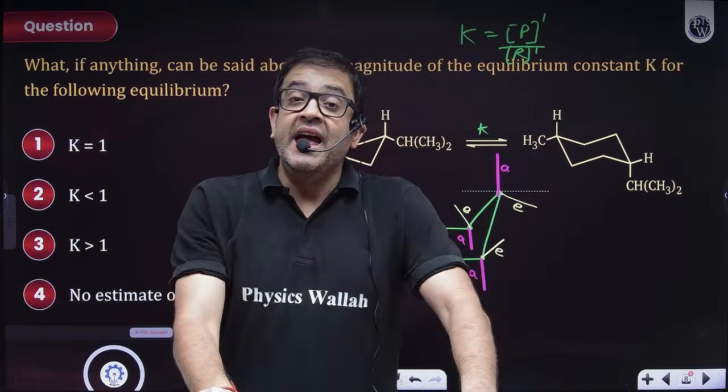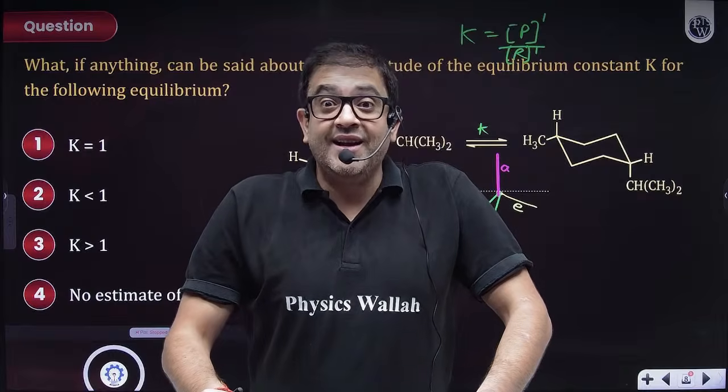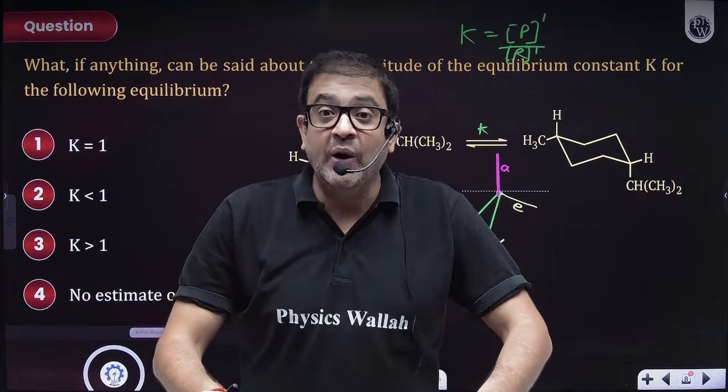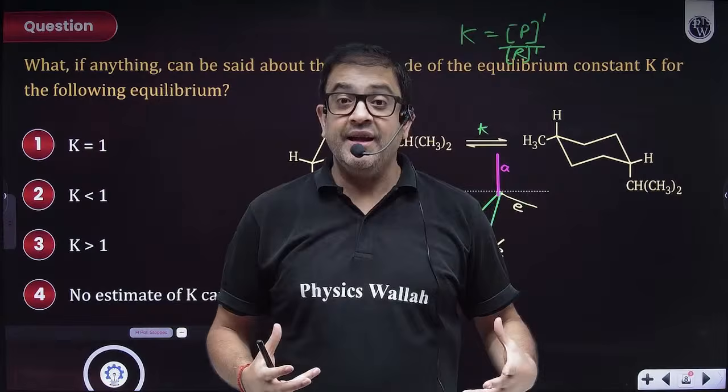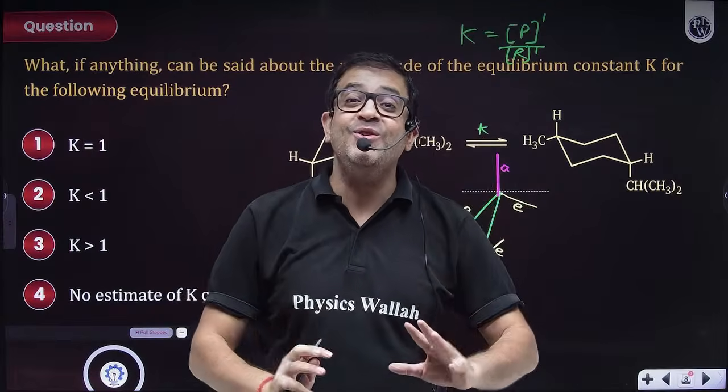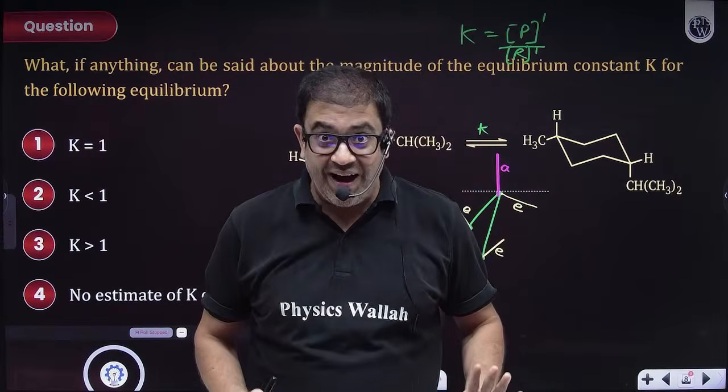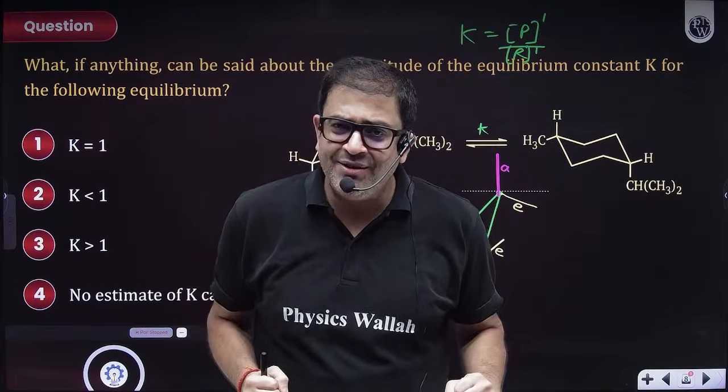Energy profiling told us that whenever you have bulky groups, try to keep those bulky groups in the equatorial position. Why? Because they have less repulsion.